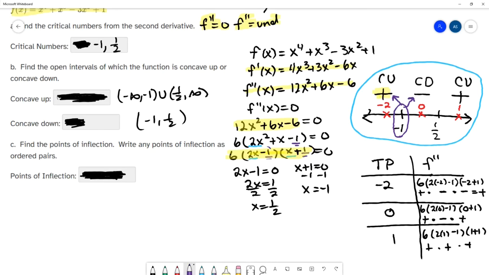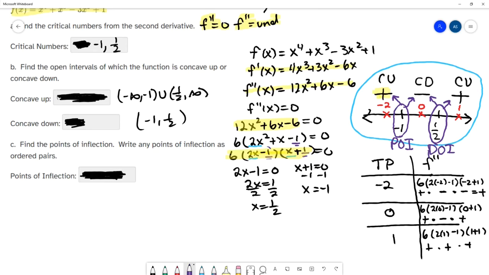We look to the right, we have concave down. So that means that we have a point of inflection at x equals -1. Same thing at the other critical number. To the left, we have concave down. To the right, we have concave up. That creates a point of inflection at x equals 1/2.